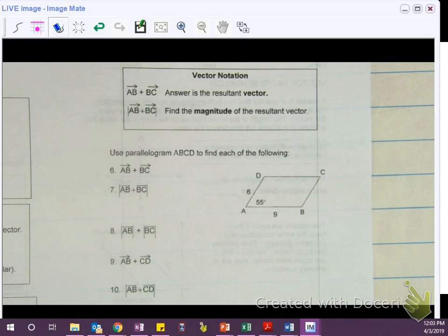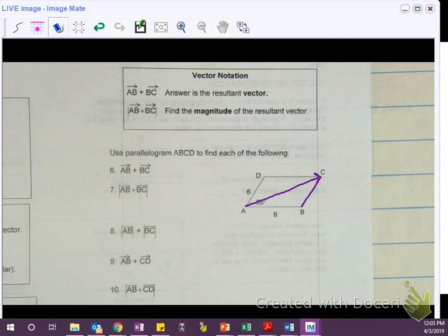So vector AB plus BC is going to result in this vector across the diagonal, the resultant vector, and then we either want the resultant vector or we want the magnitude.